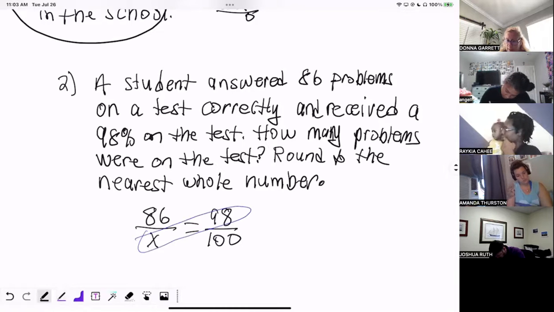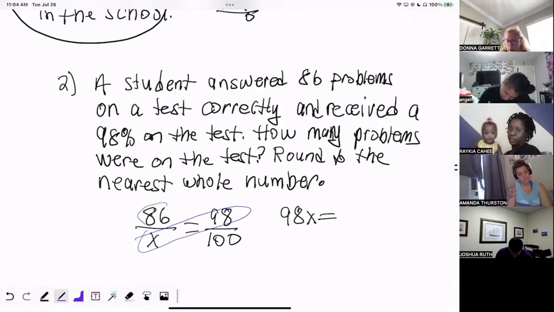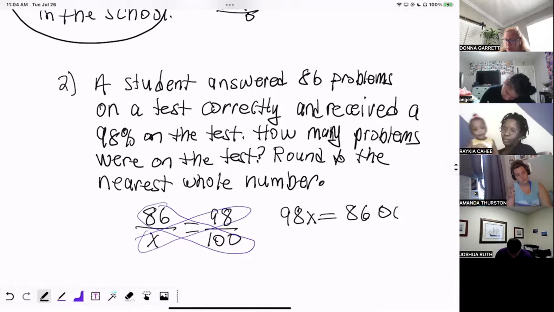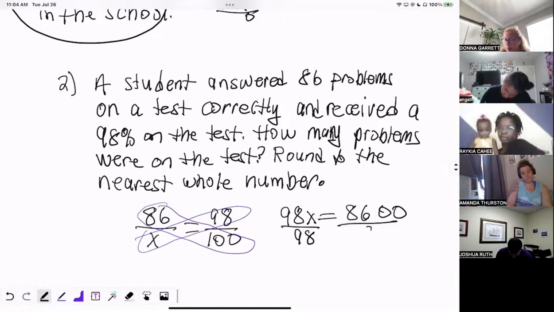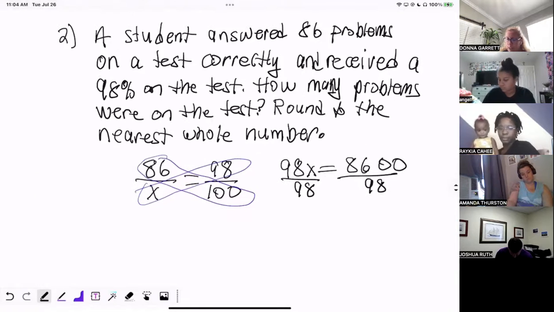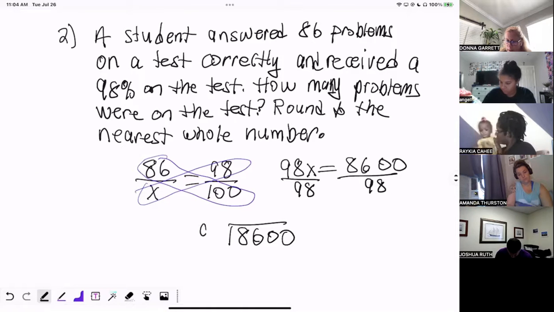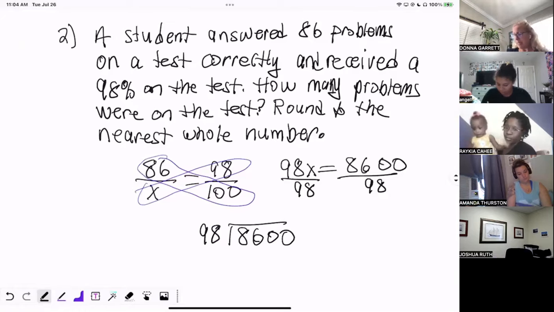Let's cross multiply: 98x equals 8600. Divide by 98. So 8600 divided by 98. I'm thinking it's probably 8 or 9.